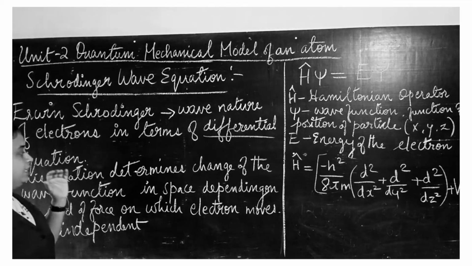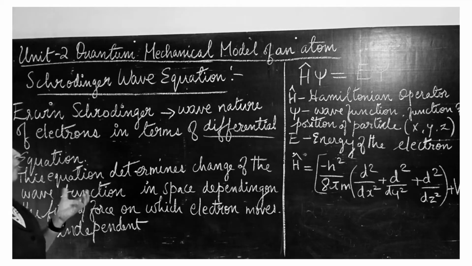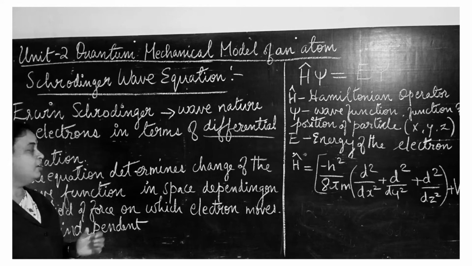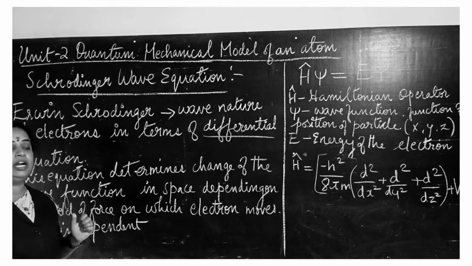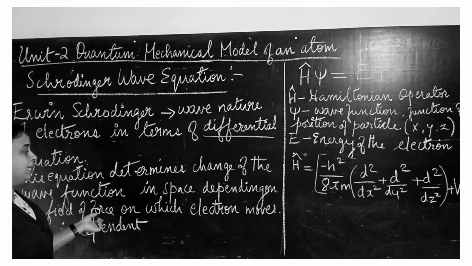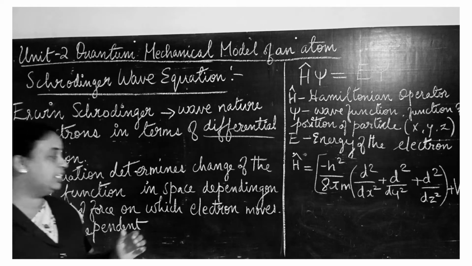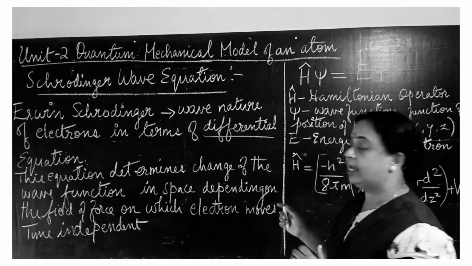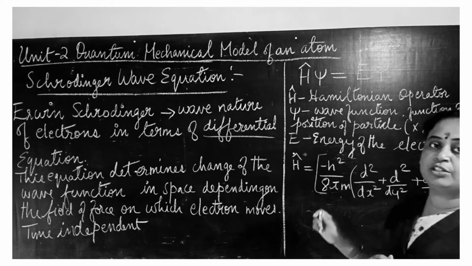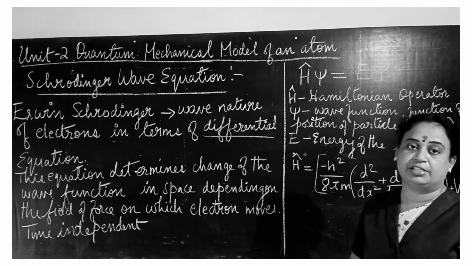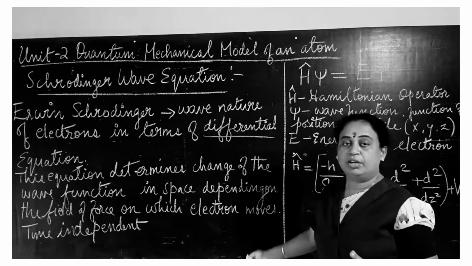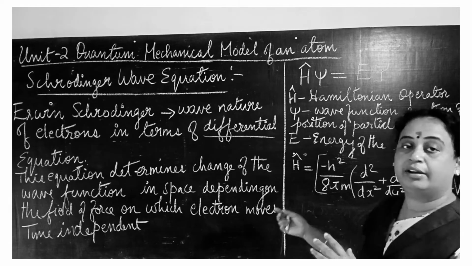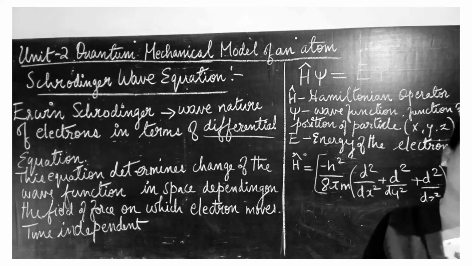This electron, which is in the form of waves, has a wave function that may change depending upon the force on which the electron moves. When the force changes, the wave function of the electron also changes.